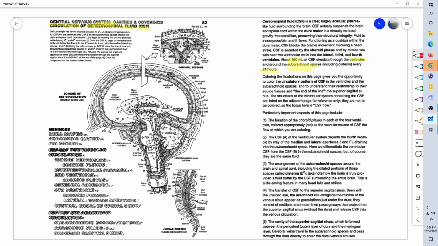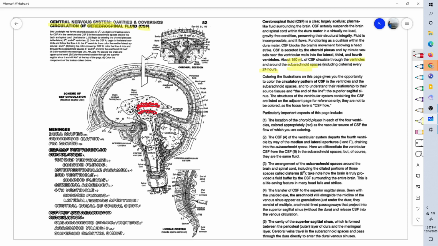Cerebrospinal fluid is created in this structure called the choroid plexus. These structures we briefly talked about. There's one there, choroid plexus. Here in the lateral ventricle, choroid plexus.